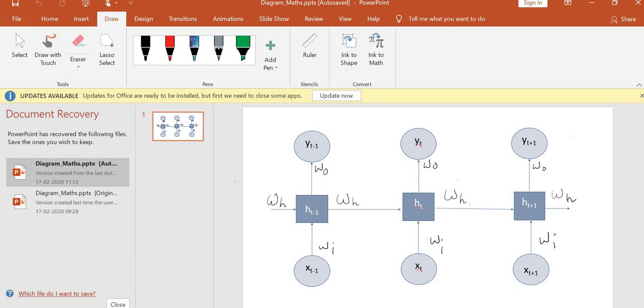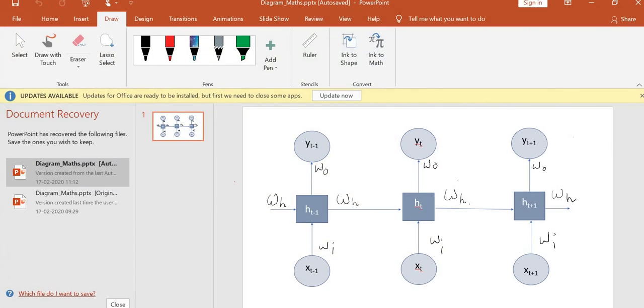Now I am getting into the mathematical equations. I am writing the equations for timestamp t. In the same way, you can write the equations for timestamp t+1 and t-1. At timestamp t, first I write the weighted sum z.